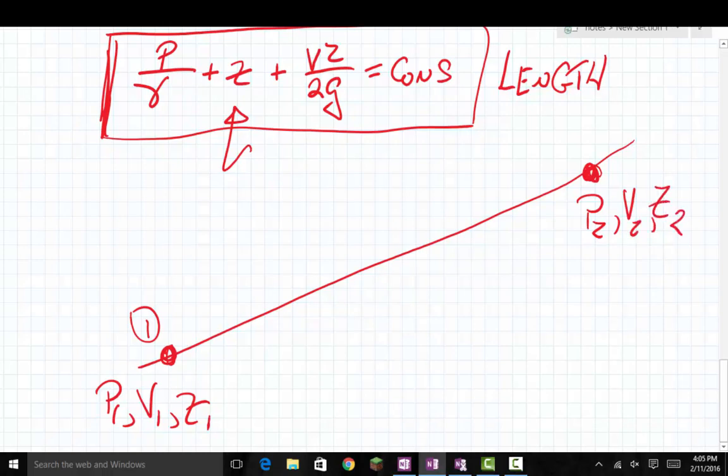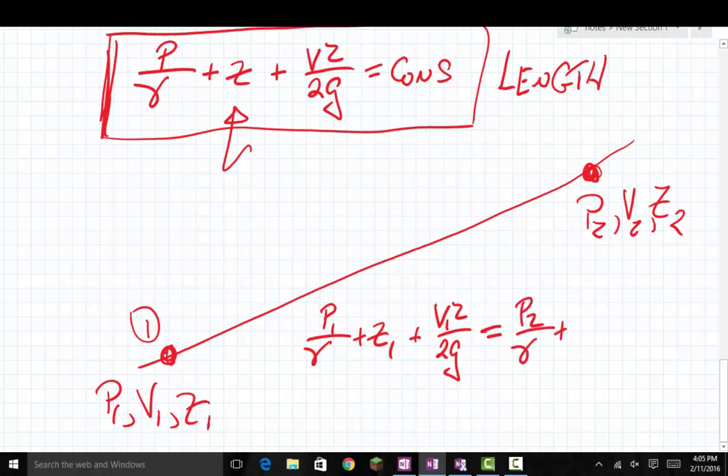Let's use this last form: P1 over gamma plus Z1 plus V1 squared over 2g equals P2 over gamma plus Z2 plus V2 squared over 2g.